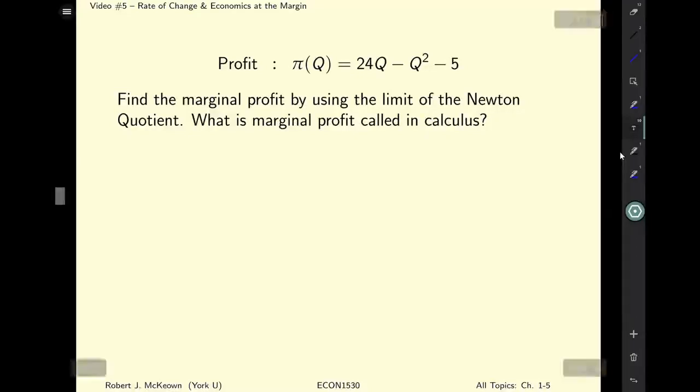All right, so I'm going to write out my Newton quotient.